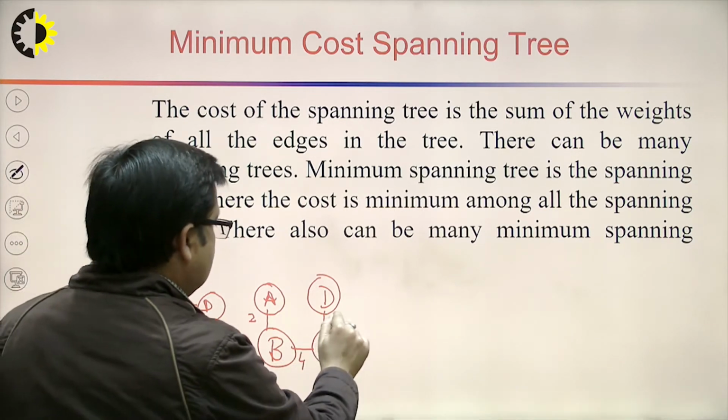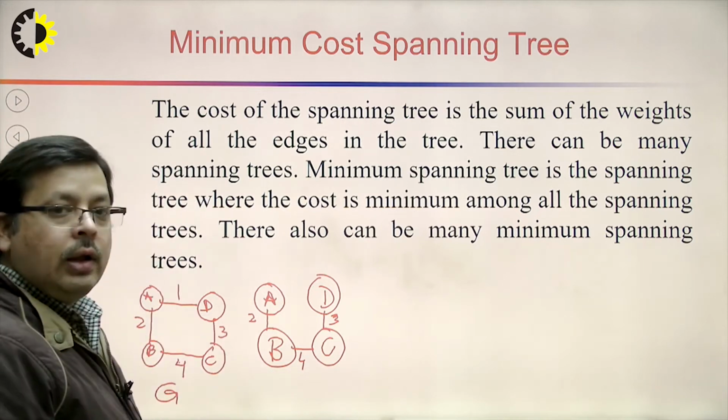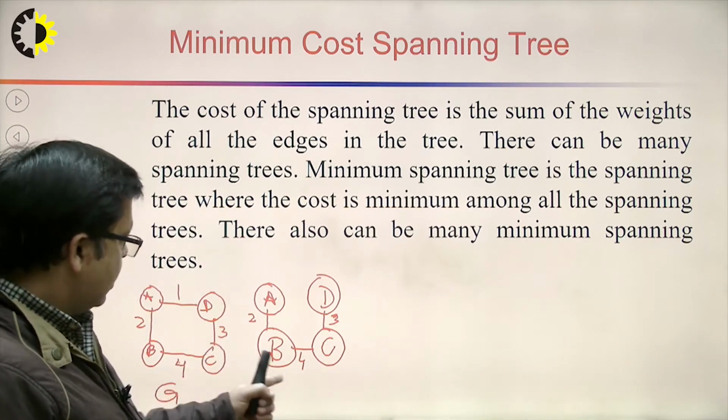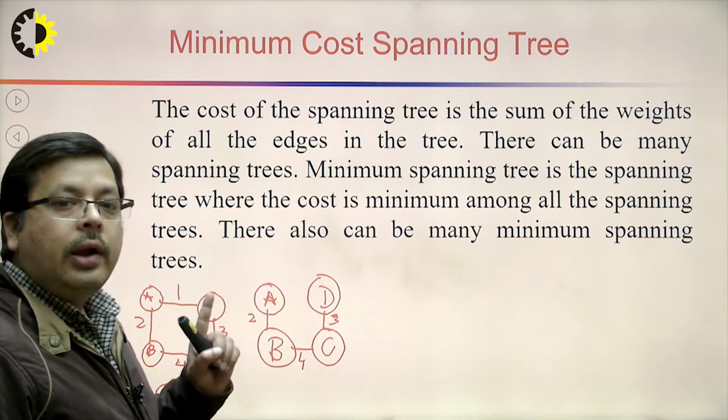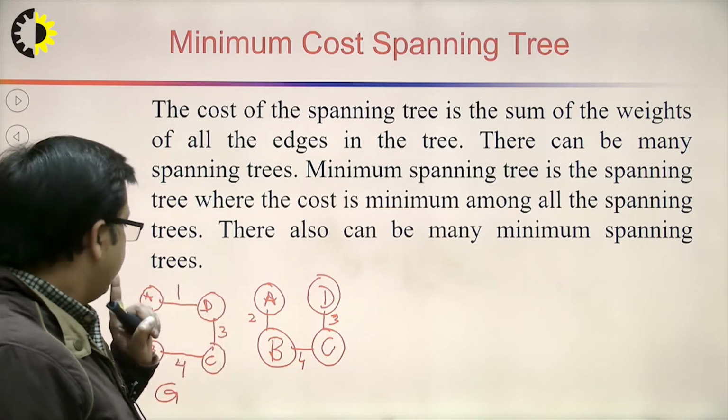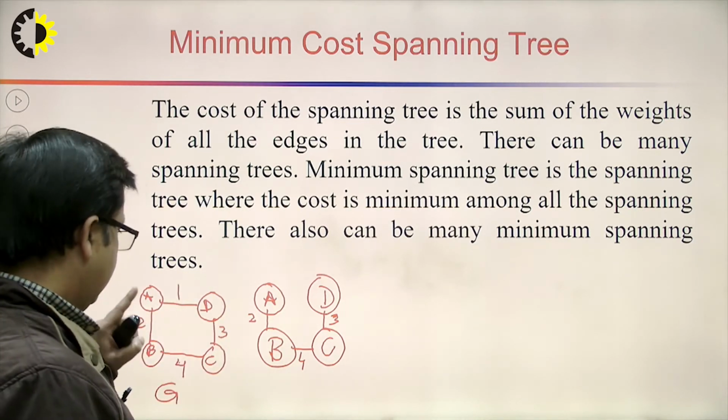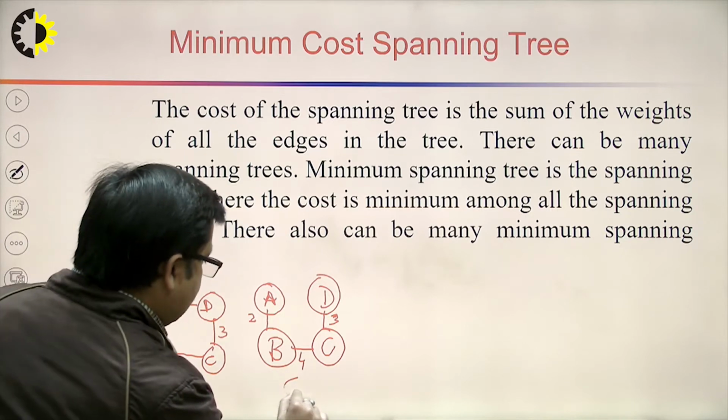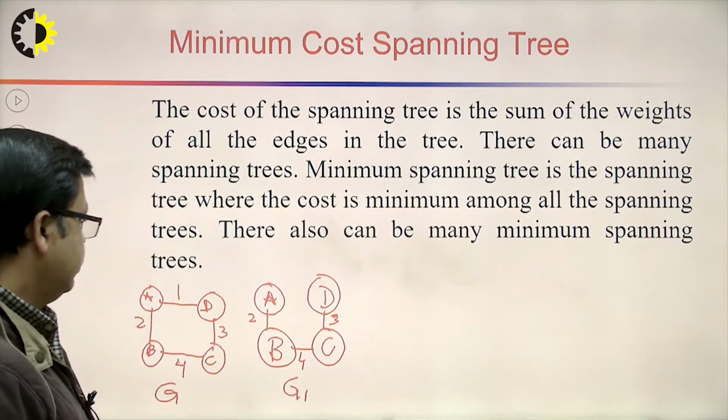So this is a spanning tree: all the vertices are connected with each other and the number of edges is n minus 1, right. We say this graph is G1, right.